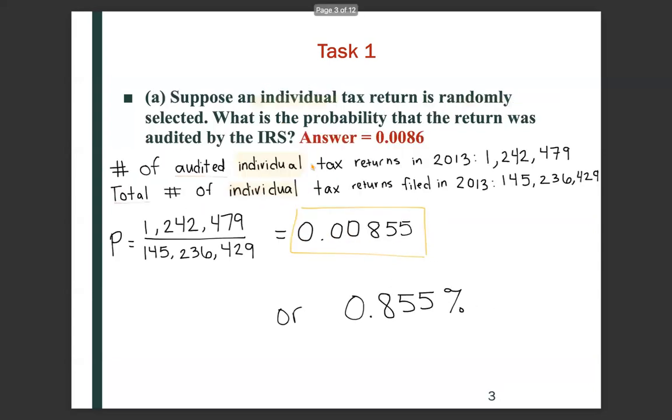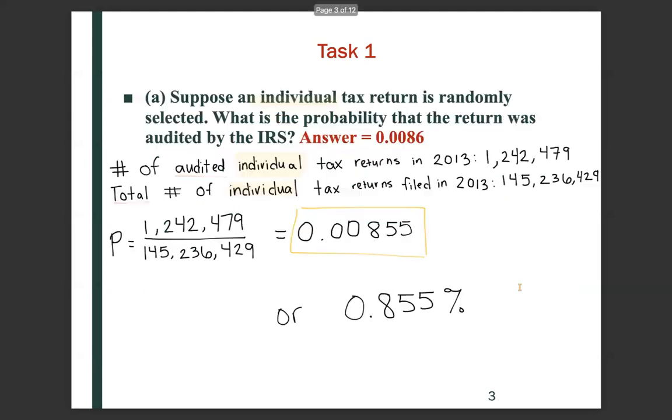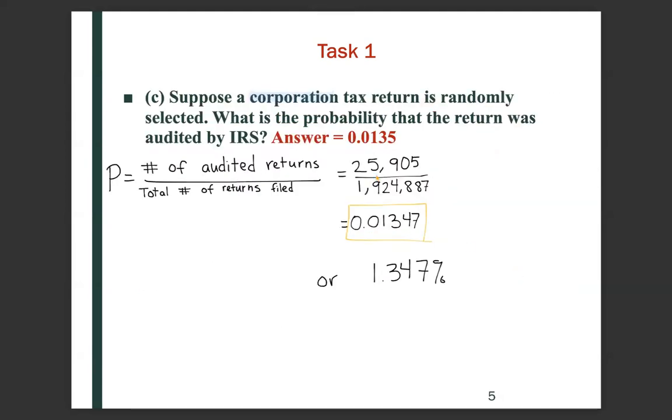So if we go back to the information given, here's the number of audited returns, which is 25,905, and the total of the corporation returns filed is 1,924,887. So we'll take this number and divide it by this number, which I do here, and that gives us 0.01347 or 1.347%.